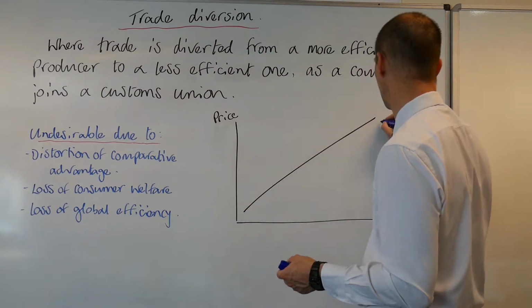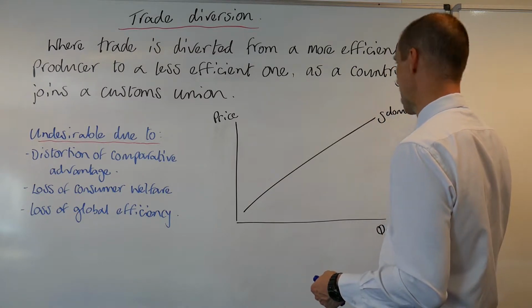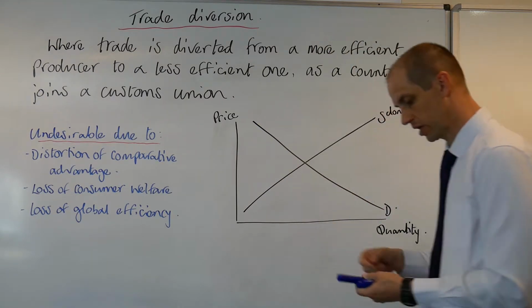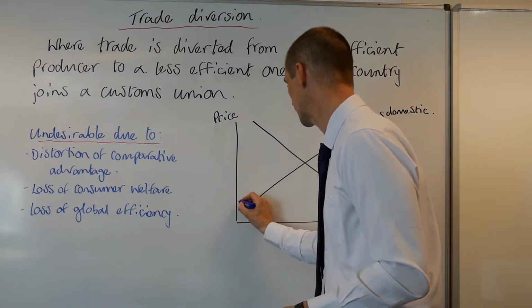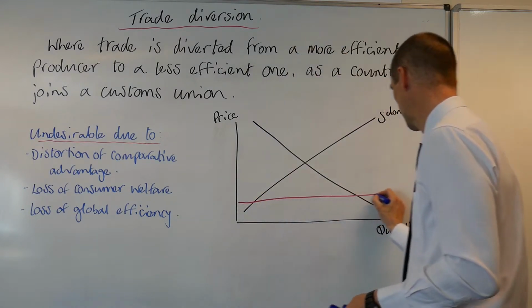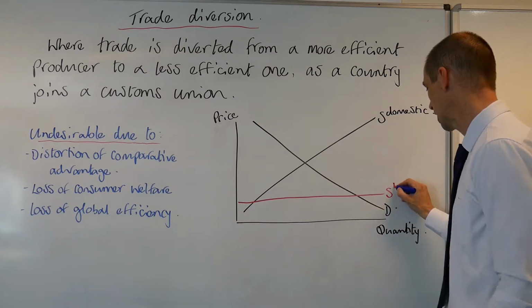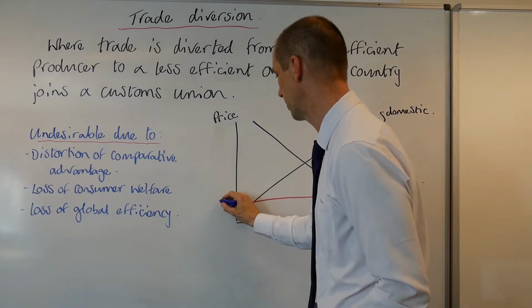Okay, so let's just take a look at the diagrammatics in relation to this. So if we put down our domestic supply curve that we can see here, meanwhile we can put in our demand curve, and what we can now consider is the more efficient producer. So let's just put in the perfectly elastic supply curve for that more efficient producer, and let's say perhaps this is the supply available of imports from India.